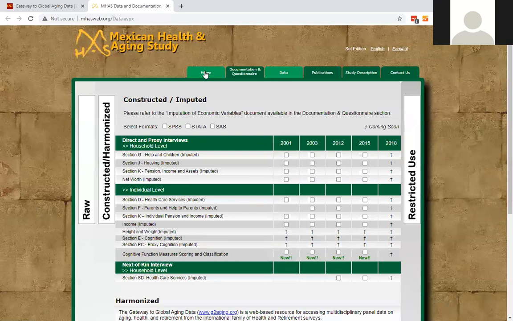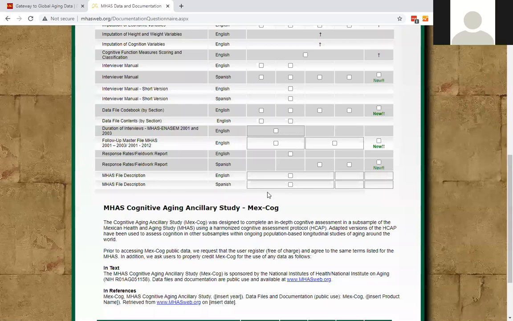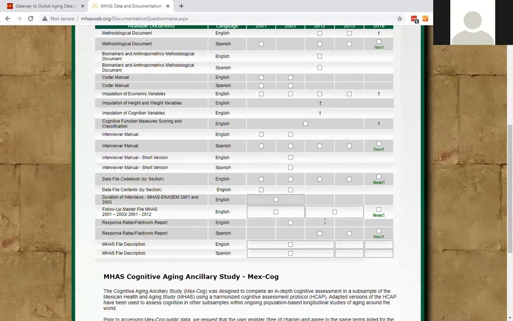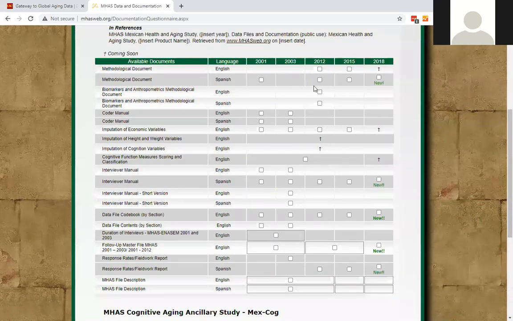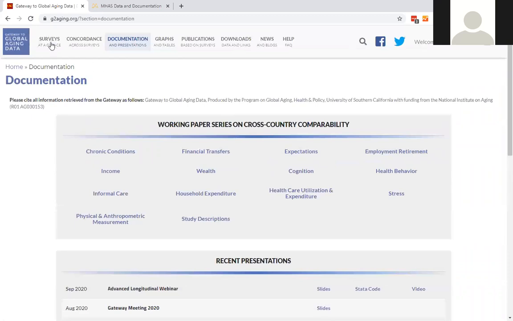The idea is that there's maybe 5 or 6 studies so far which have had a MexCog study, and it'll be quite comparable between those. Here is information about getting access to the MexCog dataset and documentation. My guess is the harmonized MexCog data would be available sometime. I don't want to promise by the end of this year, but I would say early next year, certainly.